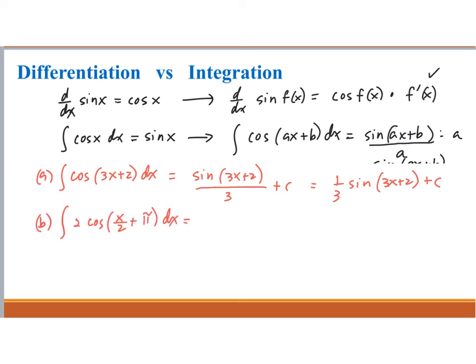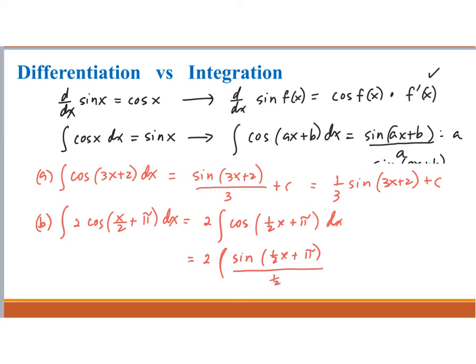This next one, the integral of 2 cos x over 2 plus pi. Now remember that pi is just a constant. Let's rewrite this a little bit. Let's do 2 times the integral of cosine, and let's write x over 2 as 1/2 x plus pi. So this will just be 2 times sine 1/2 x plus pi, all over 1/2.